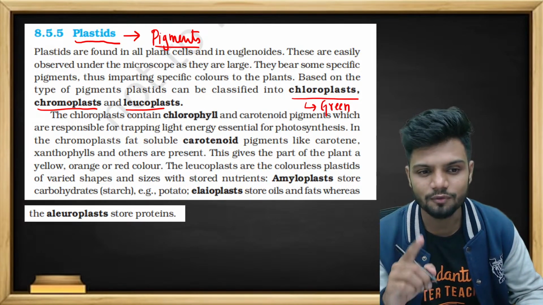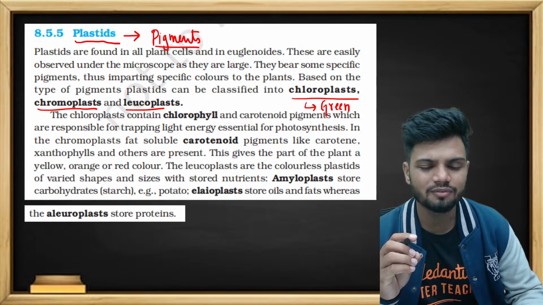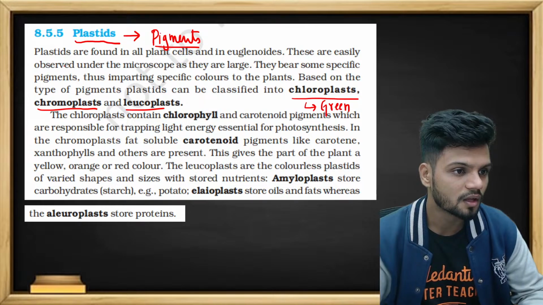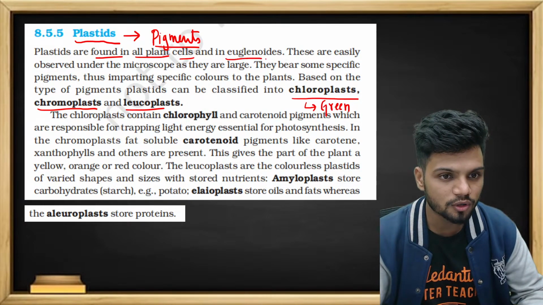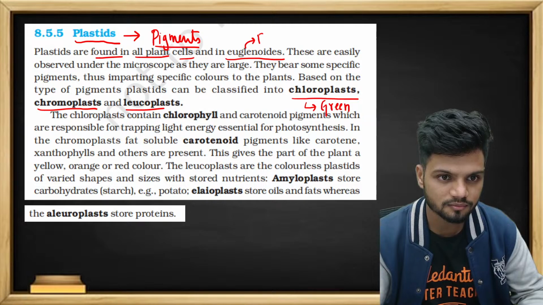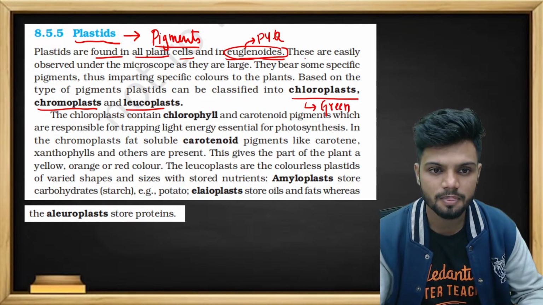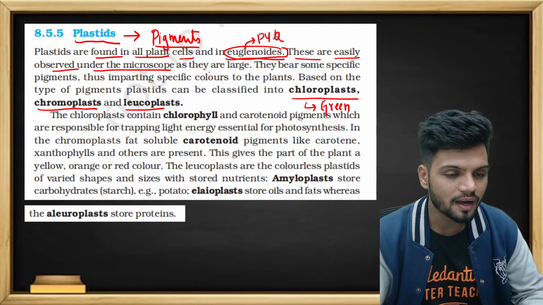Okay, so let's understand one by one what exactly is the meaning of plastid and why this plastid is only present in the case of plants. Plastids are found in all plant cells and in euglenoids. Again, it's a PYQ. These are easily observed under the microscope as they are very large.